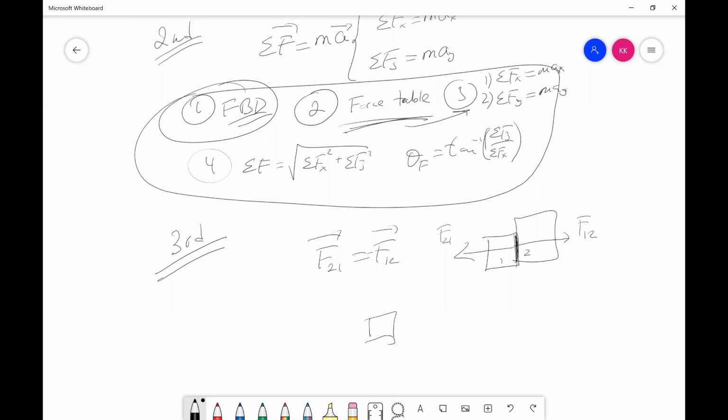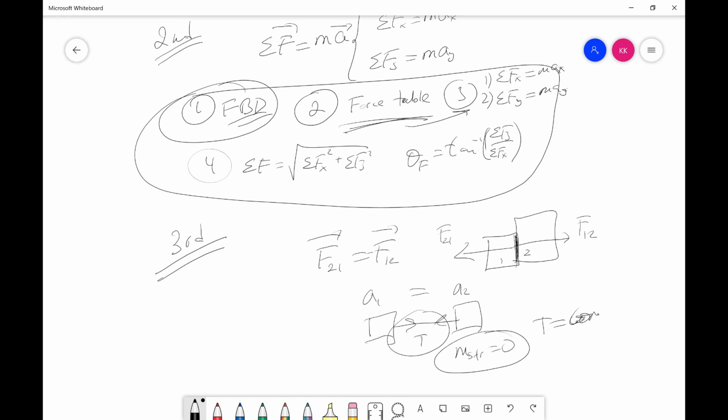If two objects are connected by a rope or something like that, they're interacting, so you can say that the acceleration of 1 and 2 are the same, and then the tension between them is also the same because it's the same rope. Here we use the massless string approximation. Remember, mass of the string equals 0, then we can say that tension is constant.